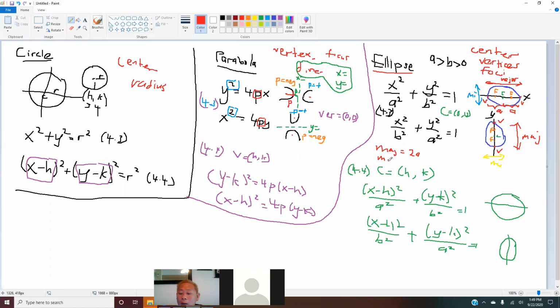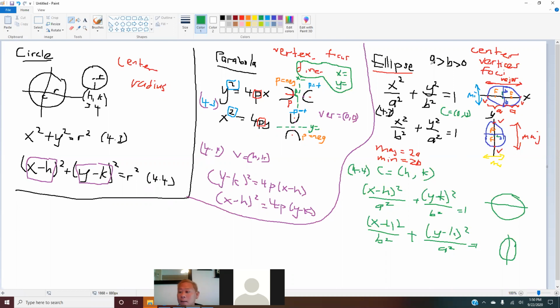Your minor axis is going to be 2b. What is b in this case? b is the distance from the center to the point that goes up. So this is b, and this is b. So your minor axis is b plus b, which is 2b. The same thing happens here. This is b and this is b. That's why your minor axis is 2b.